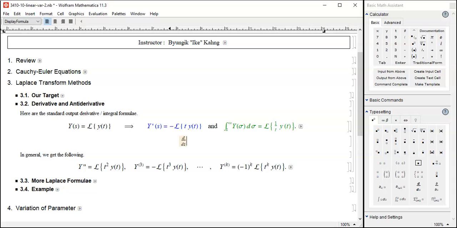The d ds of Y of s is equivalent to the Laplace transform of negative t times y of t, like this. So taking the derivative of the output function is equivalent to multiplying negative t to the input function. That's what this formula is talking about, to tell the truth.